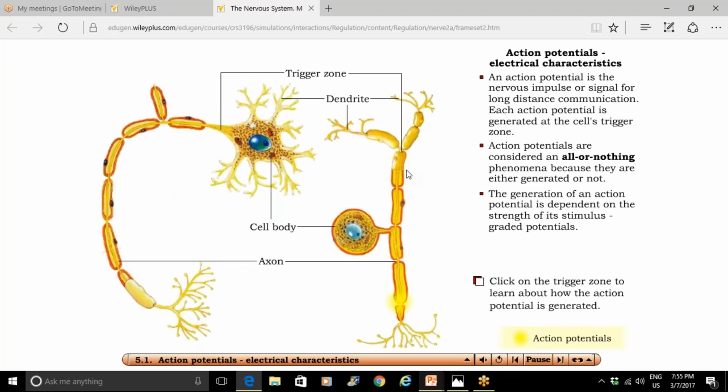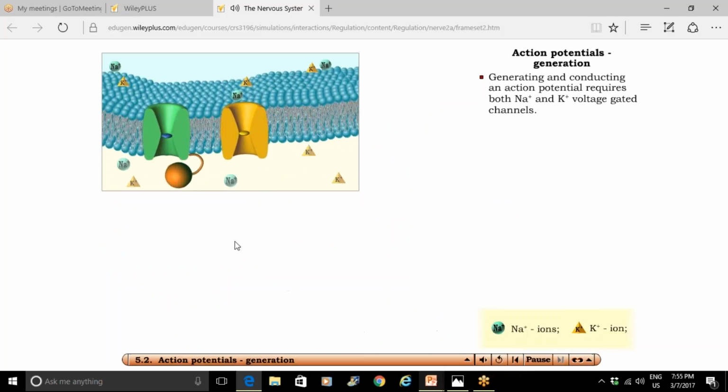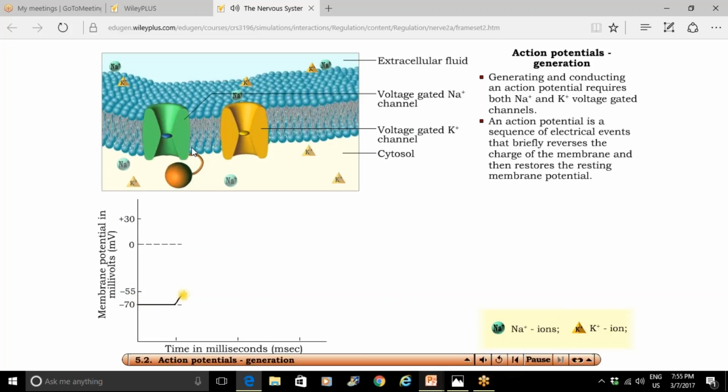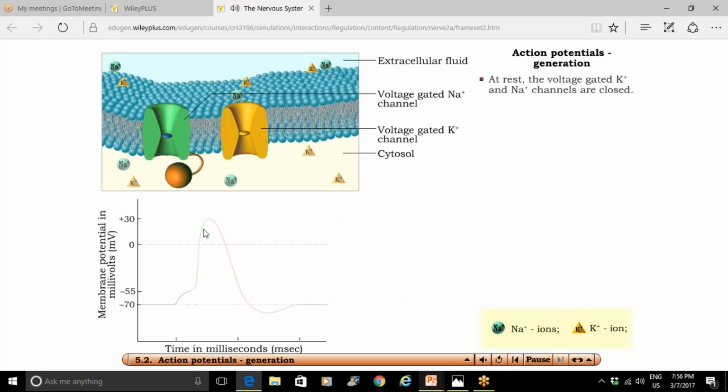Okay, so as soon as that trigger zone gets stimulated, that first voltage gated channel opens up, they're all going to open because the 20,000 sodium stimulate that. Okay, so here you can see the sodium gate actually has two gates. So an action potential, once the graded potential gets it there, okay, this is the green line in this picture is the action potential. So the first thing that has to happen is we have to let sodium in.